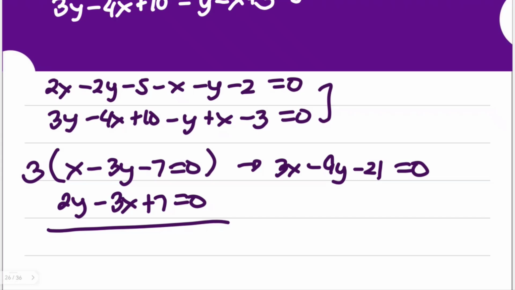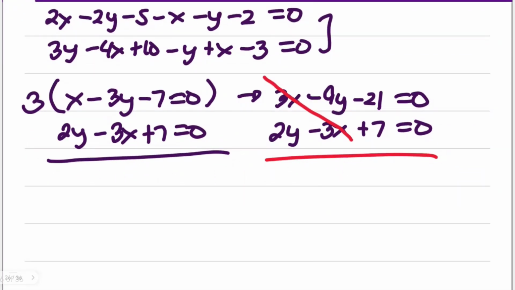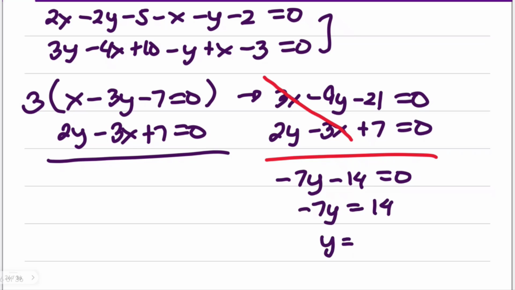The second equation is 2y minus 3x plus 7 is equal to 0. I'm doing that because I can now remove x by adding them. So you have minus 9y plus 2y, which is negative 7y. Then the other one is minus 14 equal to 0. Minus 7y is positive 14. So y is actually equal to negative 2.